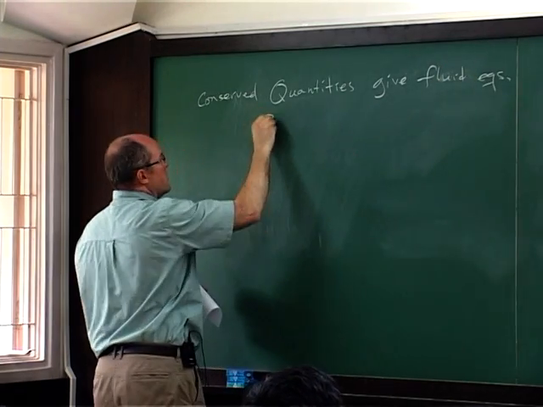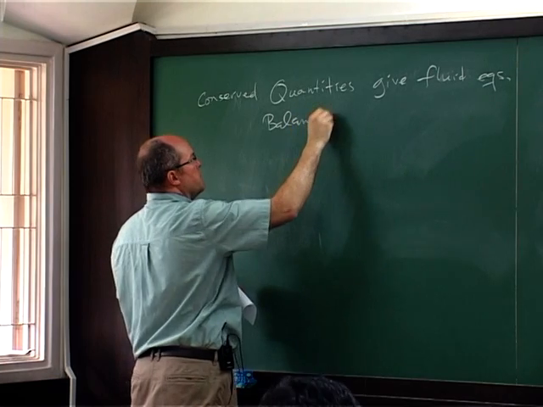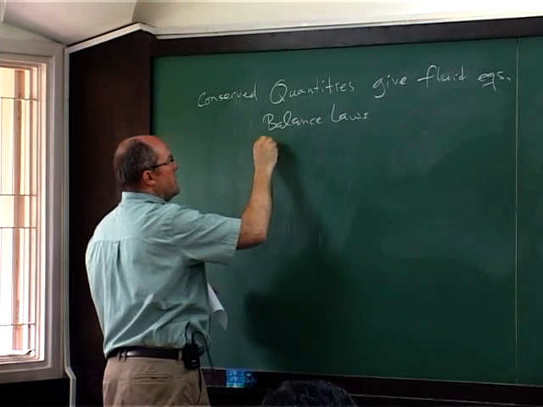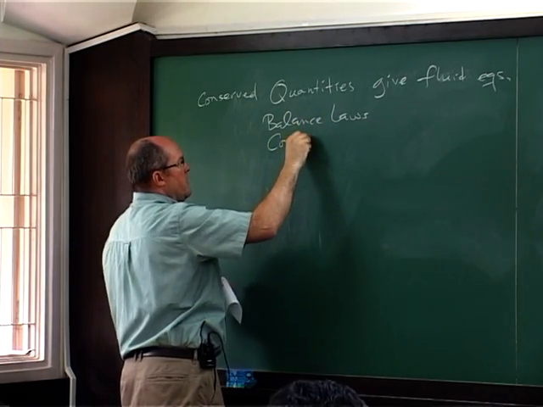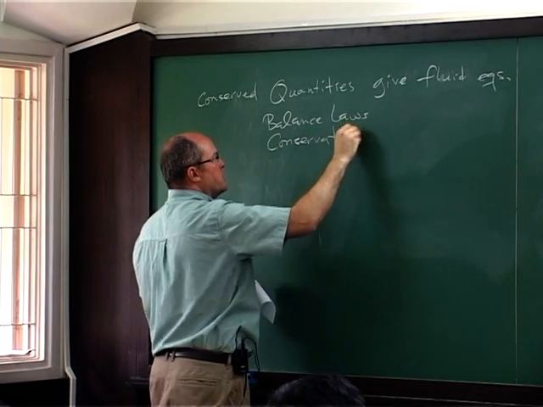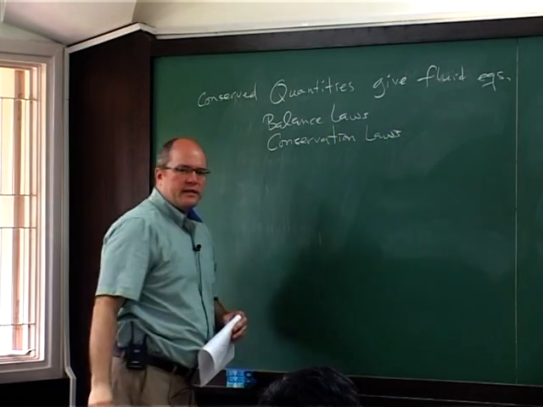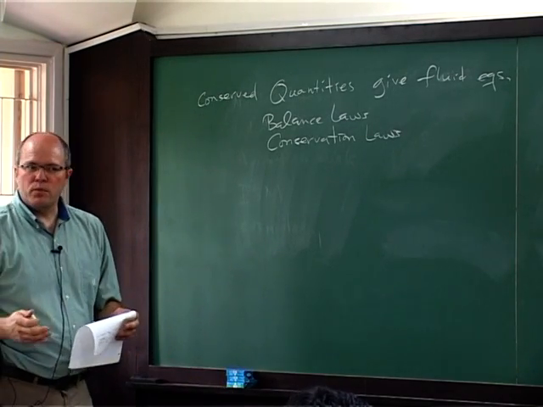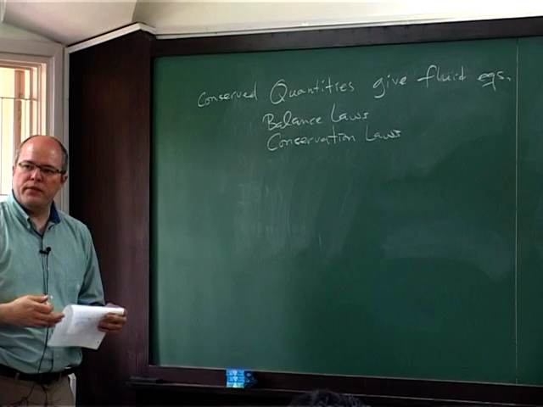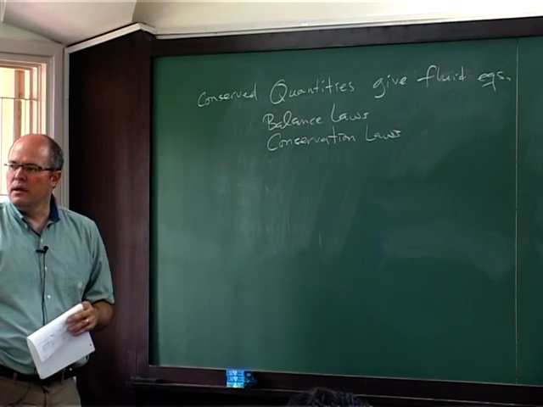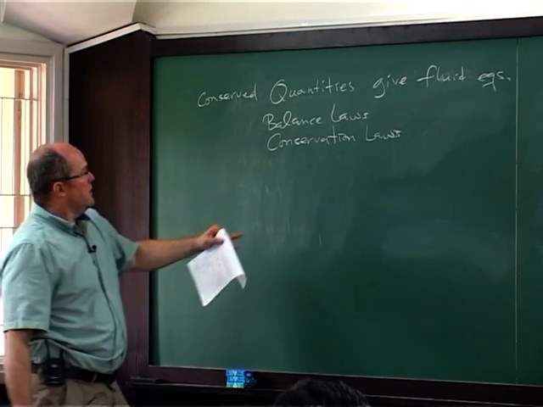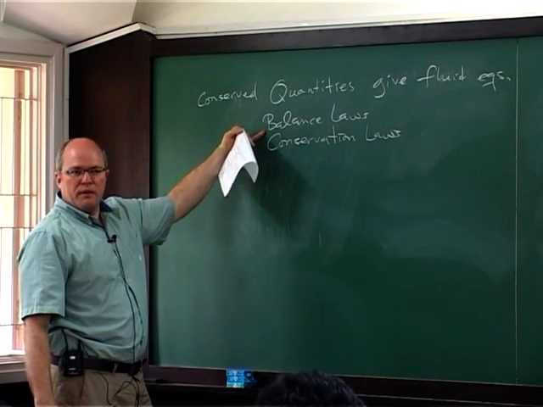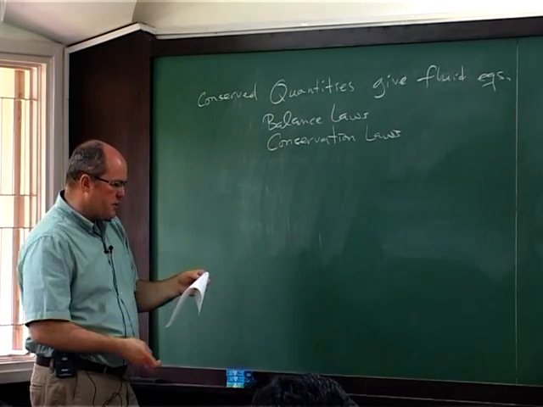By the way, these are sometimes called balance laws, or in a special case, conservation laws. Our idea here is that I know I have these conserved quantities like energy and momentum. I'm going to write down equations that describe how these quantities change in time, looking at some type of balance.